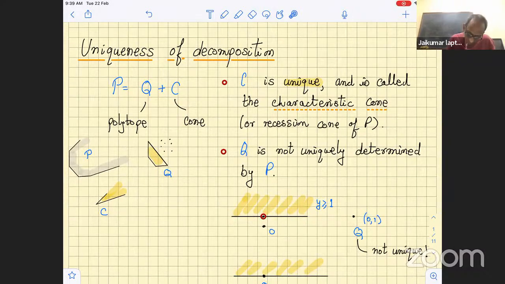Now if you look at this particular polyhedron, what is this polyhedron? This is the origin, and this is raised a little bit. This line is passing through y equals 1, and this is the polyhedron that I'm talking about.